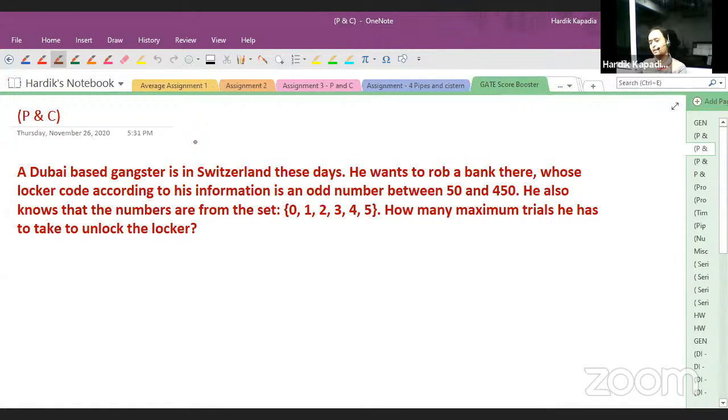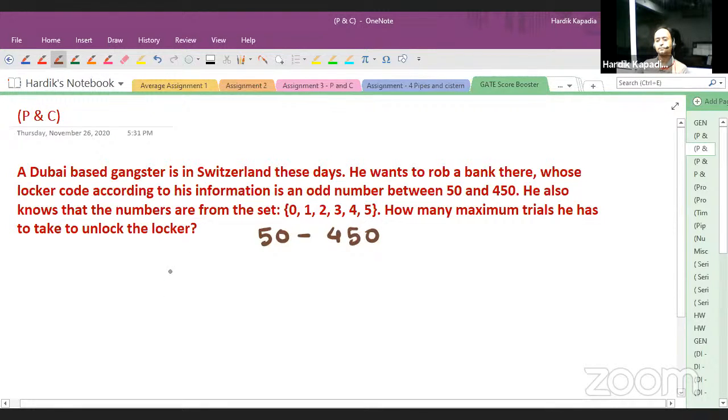He wants to rob a bank there, whose locker code, according to his information, is an odd number between 50 to 450. And the digits are from the set of 0, 1, 2, 3, 4, and 5. So how many maximum trials does he have to take to unlock the locker?